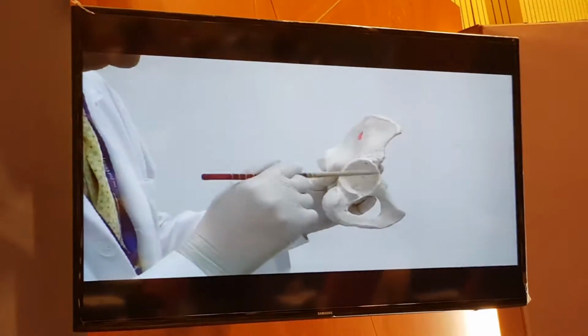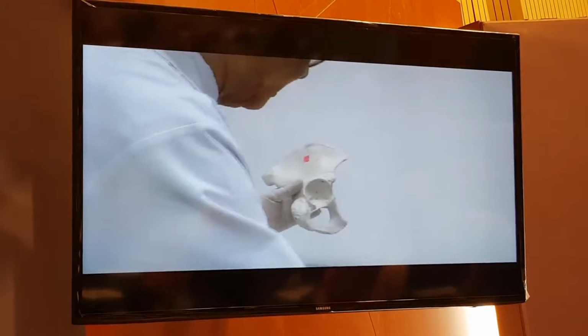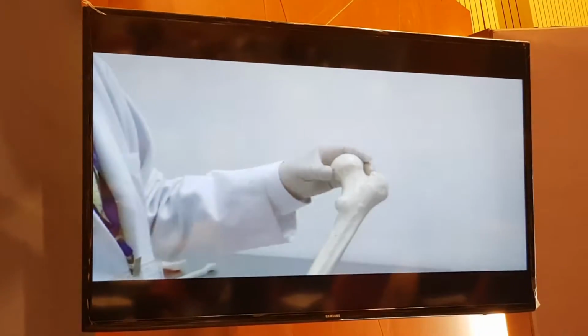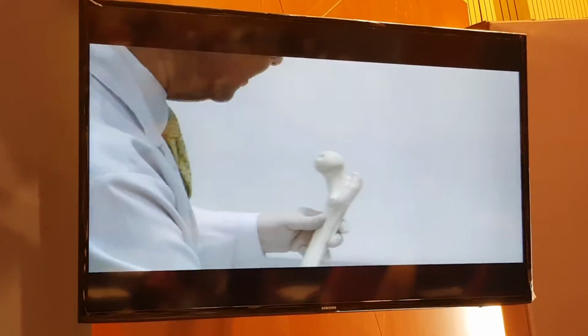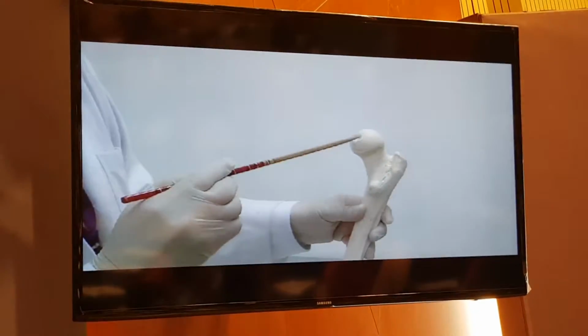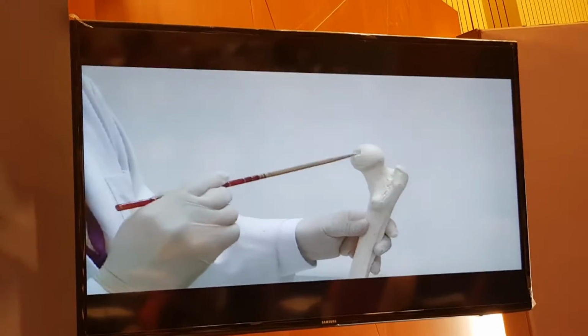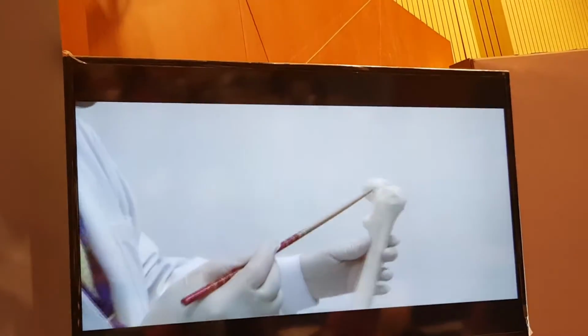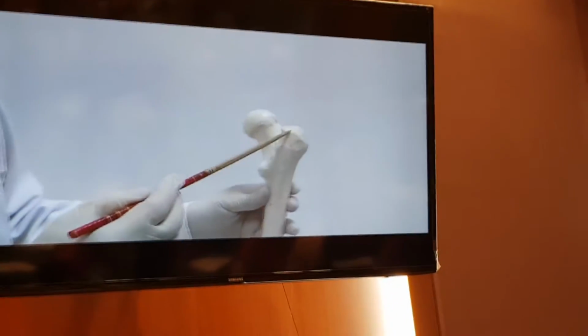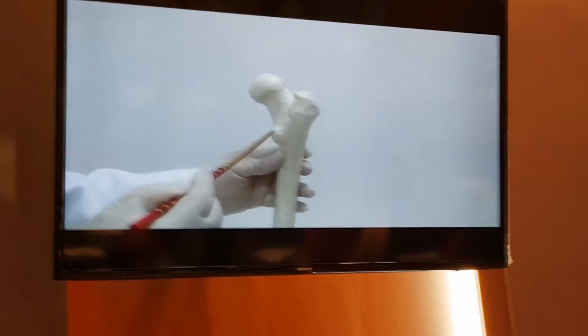This area, acetabular fossa, is articulated by head of the femur here. This is 4/5 of the sphere, and you can see here, this is the pit or fovea of the femur. This is the neck of the femur. This is greater trochanter, lesser trochanter.